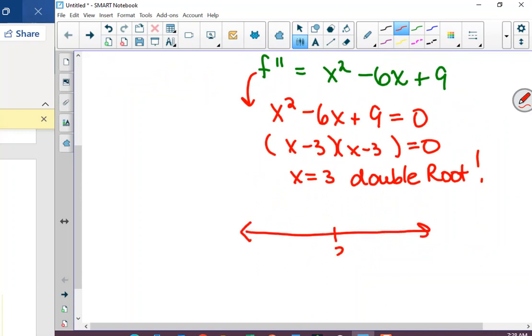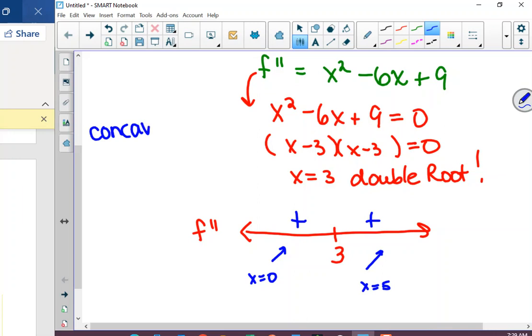Okay. If we do our analysis of f double prime on our number line around x equals 3, something plugged in less than 3, like a 0, would make both of my factors negative, and it would make my whole function positive. Something plugged in bigger than 3, like a 5, would make both factors positive, would make the whole thing positive.